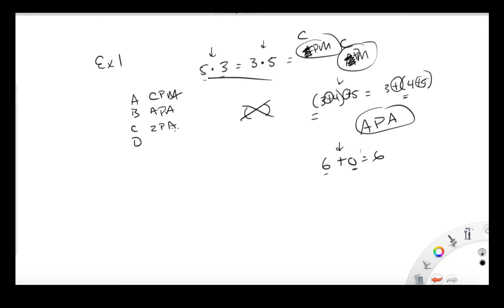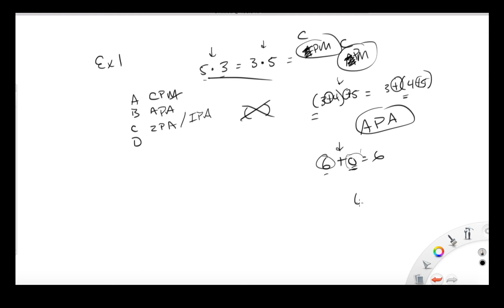Okay, and we've seen that as well. Zero property of addition is simple to see because we've got that. We can also call it identity property of addition, because we're identifying 6 as the number plus 0.